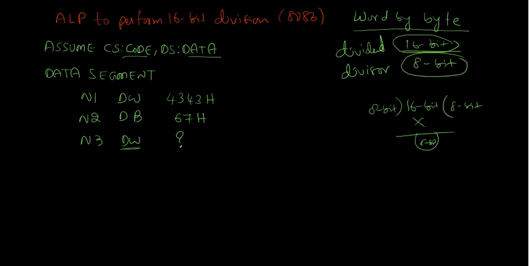So for that reason, to represent the result of this division operation, you need to represent this quotient and this remainder, right? So to load these two values, the result size must be a word.